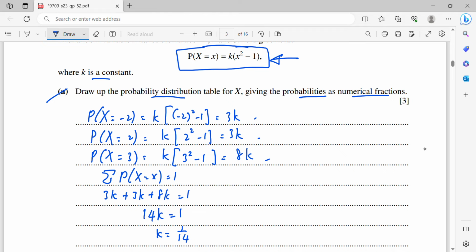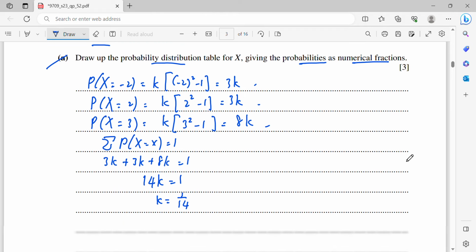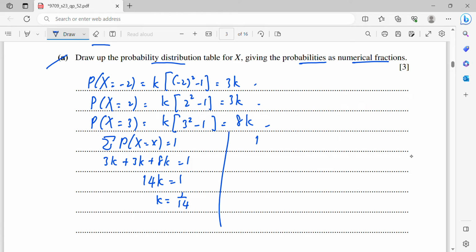So with this, I can just write down my probability distribution table for X. It is a table that consists of X values and also the probabilities. Our x values will be -2, 2, and 3.